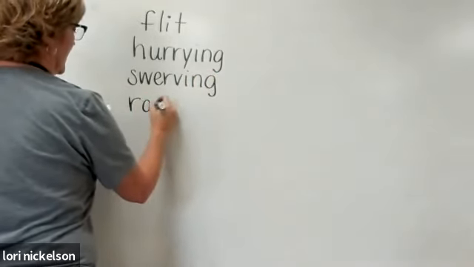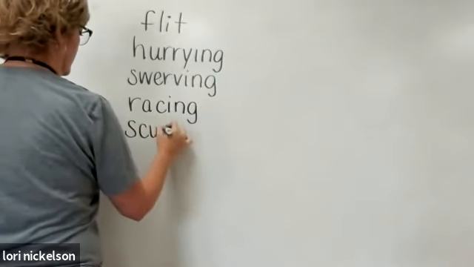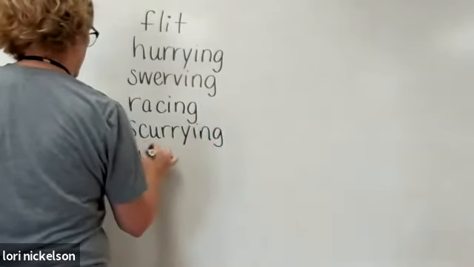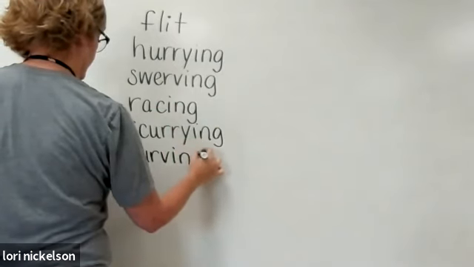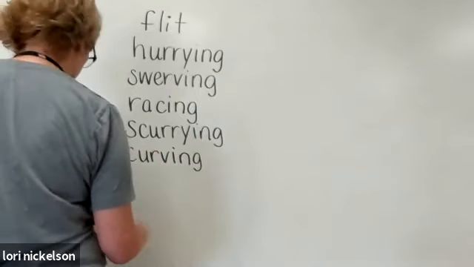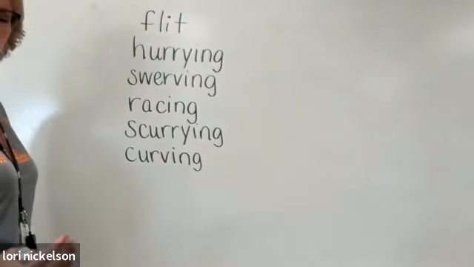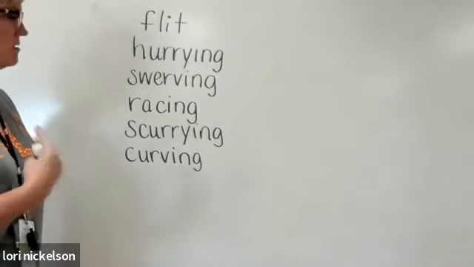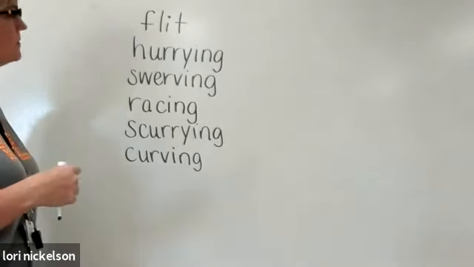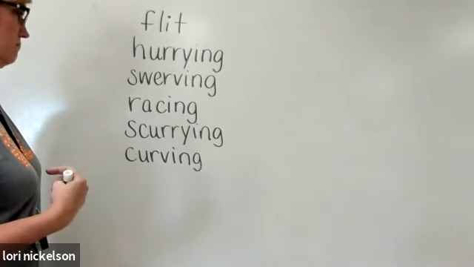You have racing, scurrying, curving, and race. Oh, we've got racing twice, so we don't need racing again, do we? Okay, so we just have 6 words that we need to put in some kind of order from slowest to quickest. So thinking about these words, flit probably means like a jerk or something. Hurrying, swerving, racing, scurrying, and curving.